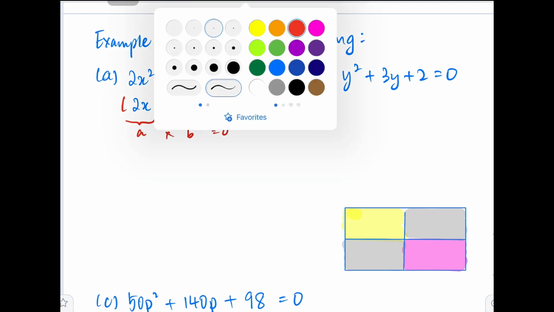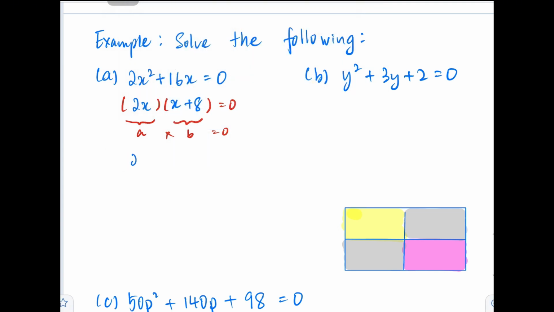So in other words, if I were to solve this, I would have 2x equal to 0 or x plus 8 equals to 0. So in order to solve for x, I simply divide by 2 on both sides, so x equal to 0, or here I will need to subtract 8 on both sides, so x equals to negative 8.